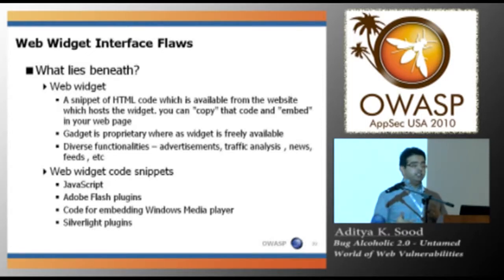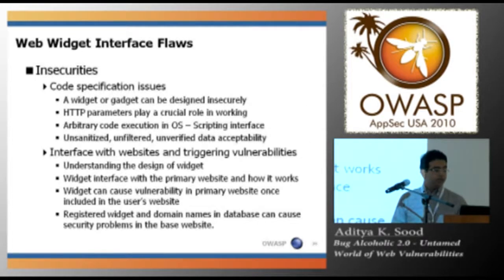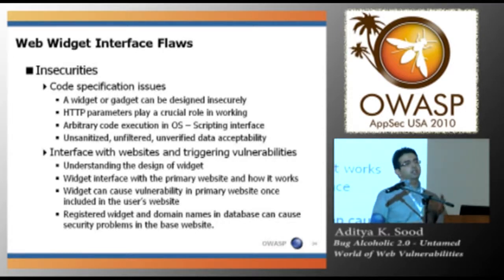And what kind of web widget code snippets do we have? We can have JavaScript, Adobe, code for embedding Windows Media Player, Silverlight plugins. So the idea behind this kind of attack is, whenever you get registered with a particular web service provider, it gives you the web widget and the code.